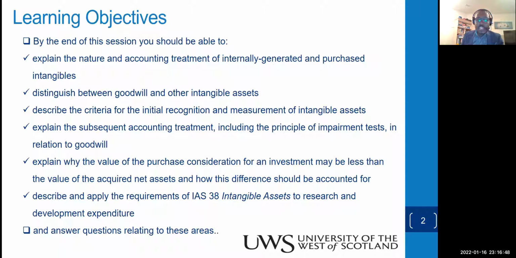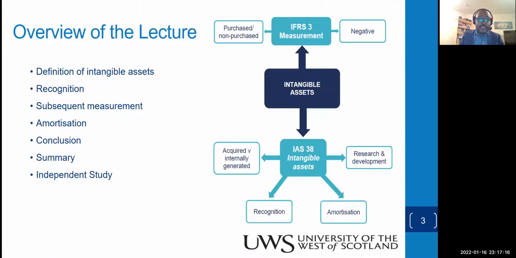We look at subsequent measurement after initial measurement, and we look at impairment testing. Then we look at purchase consideration for an investment, which will give rise to the concept of goodwill. And then in detail, we'll look at how we can apply the IAS 38 principles to research and development. Any questions you find around these areas, you should be able to understand and answer them easily. So we're taking this overview.